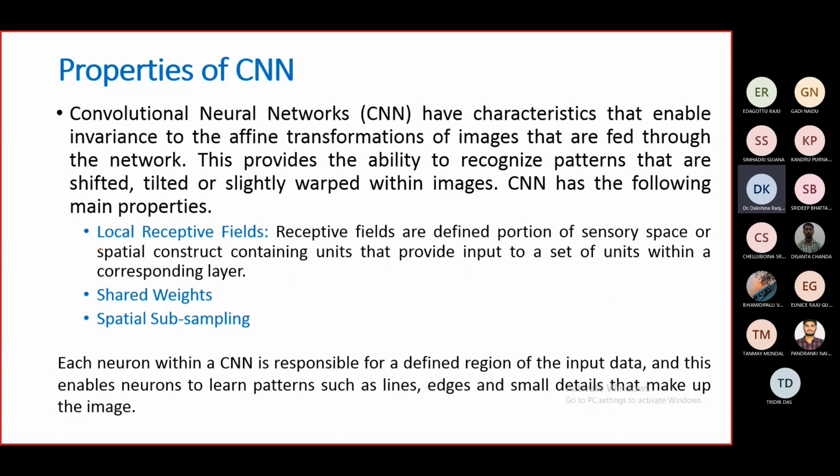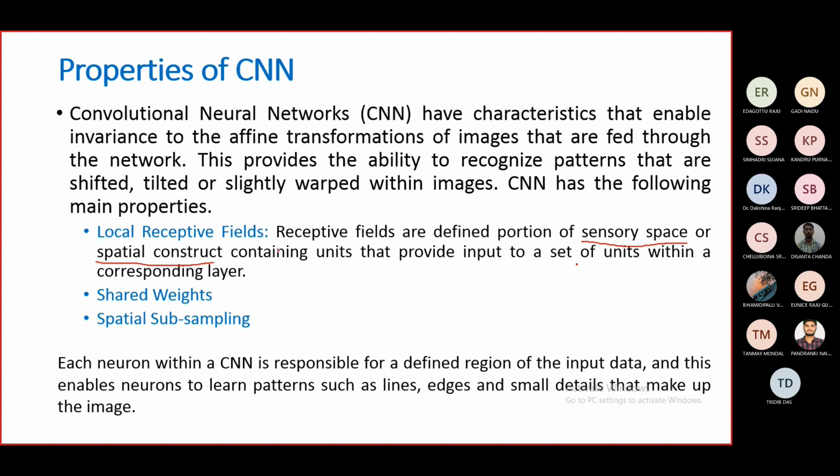Now, what is a local receptive field? Local receptive fields are a defined portion of a sensory space or spatial construct. A sensory space is nothing but the input image, and a spatial construct also represents the input image. The receptive field defined in the image will contain the units that provide the input to a set of units within the corresponding layer.